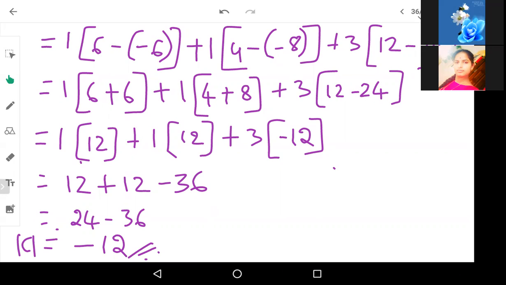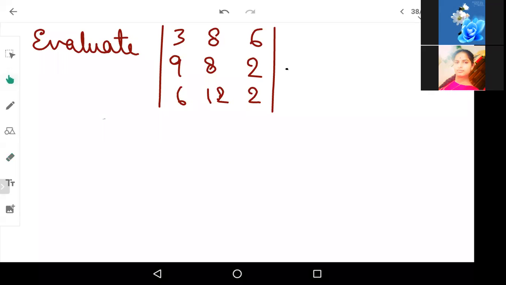Okay. Now, shall we go to the next question? The next question is evaluate, and they have given us the determinant. Now, again, we have to use the same procedure to solve this problem. So we will be taking the first row and we will be solving the problem. Okay, so let us start.